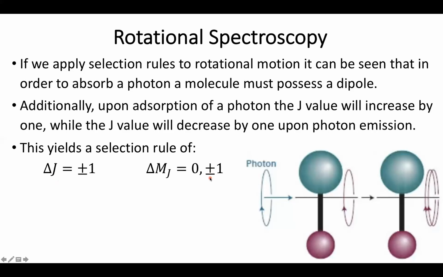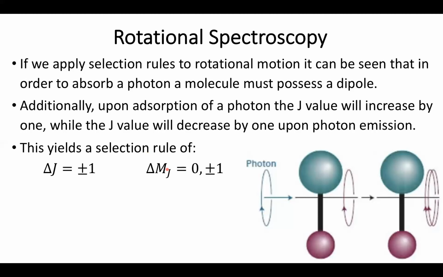So if I already have a negative m sub J, it's probably just going to get larger if I absorb a photon. If I have a positive m sub J, it's probably going to get larger if I absorb a photon. But if my angular momentum increases in some other direction, then I won't see any effect in my net magnetism or angular momentum in the J direction.